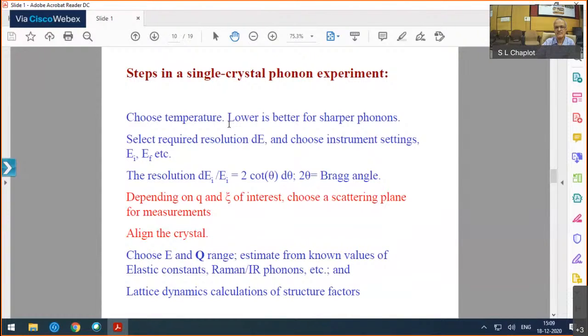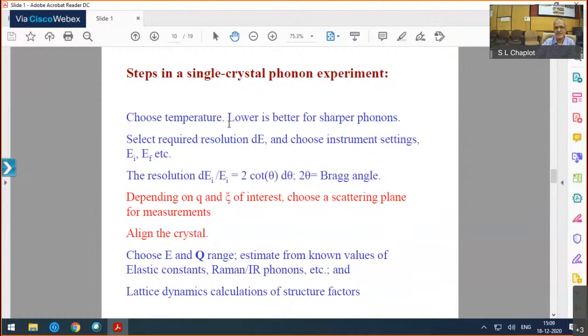We would like the temperature to be much smaller than the Debye temperature, and then you are better off. At high enough temperature, you begin getting a large amount of anharmonic interactions, and therefore phonon-phonon scattering, phonons being broad, and so on and so forth.